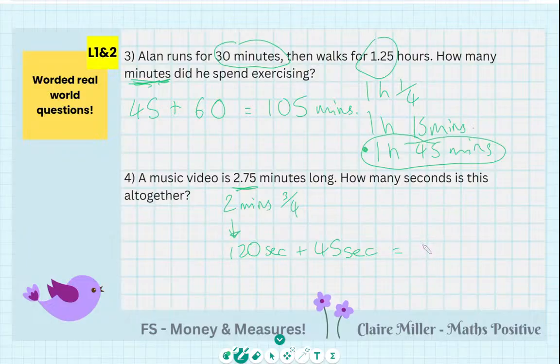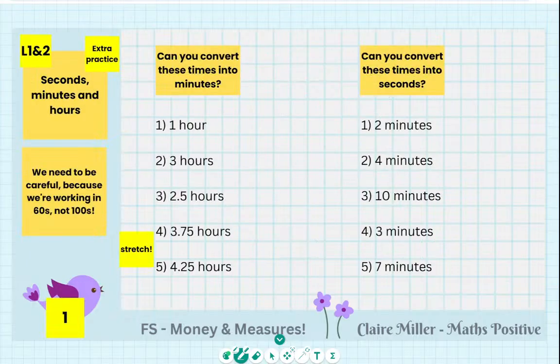Add these up and we get 165 seconds. This is super helpful because sometimes as you're maybe streaming to YouTube or as you're recording videos, any of you who might be interested in things like media, you often see the amount of time in seconds rather than in minutes. So being able to convert between them is super, super helpful. So great to have a think about that if you can.